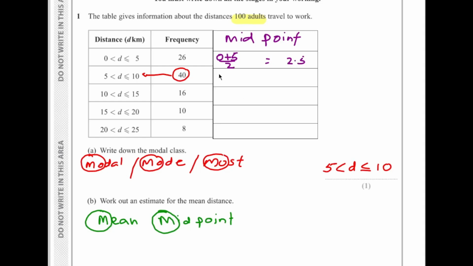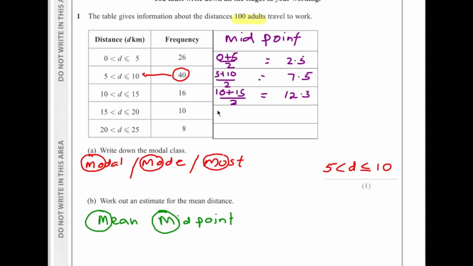The second one, 5 plus 10 divided by 2, becomes 7.5. Third one, 10 plus 15 divided by 2 equals 12.5.